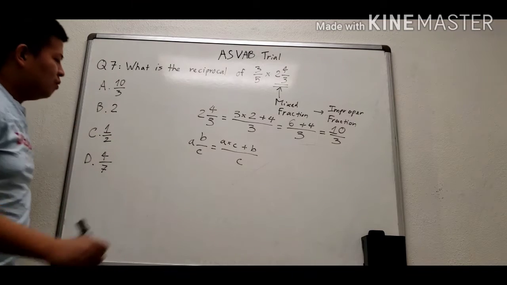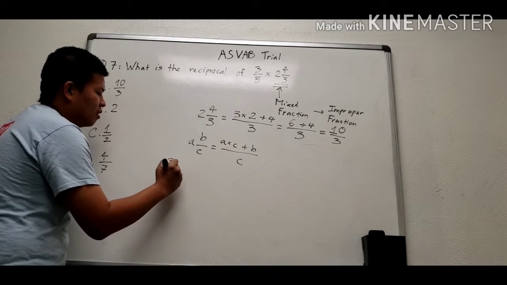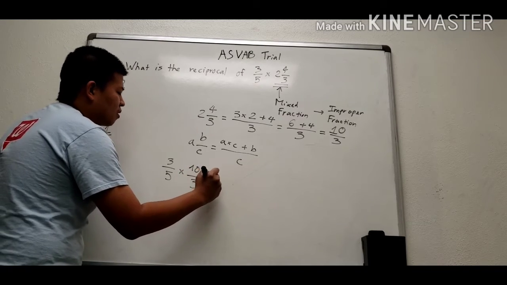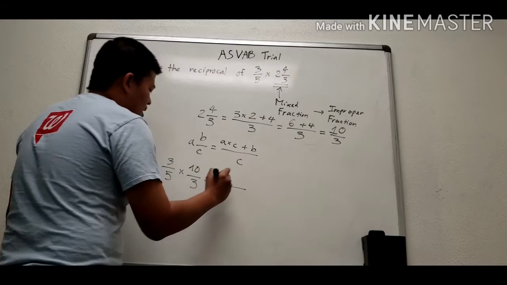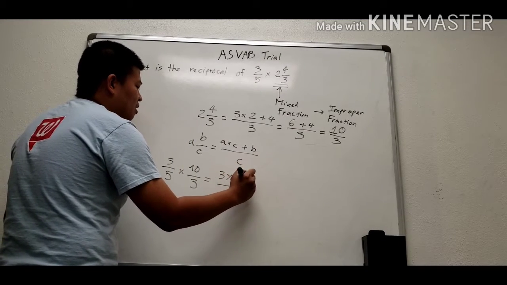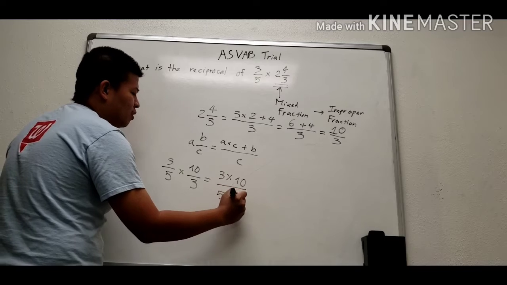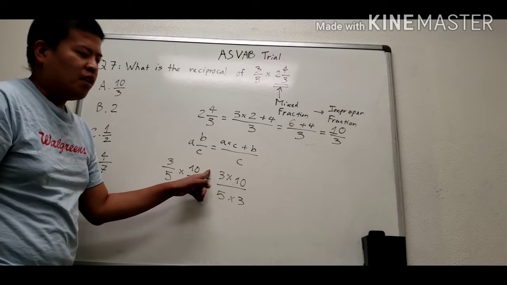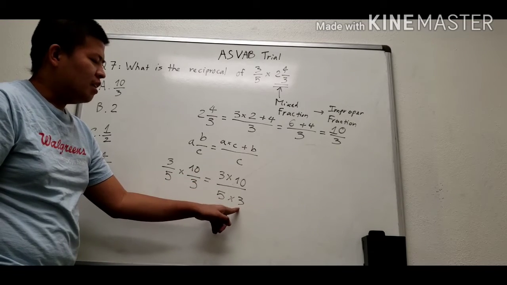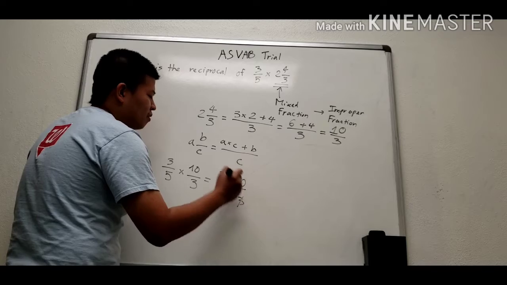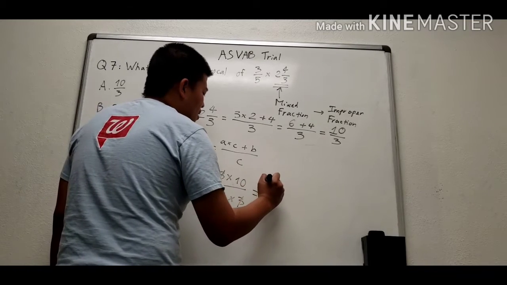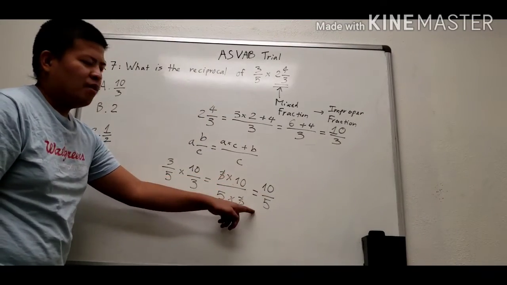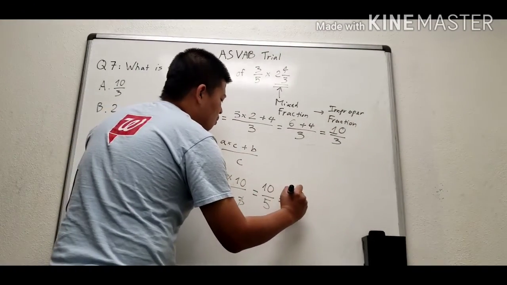Now we have 3 over 5 multiplied by 10 over 3. We can simplify the 3 in the numerator and denominator, so we eliminate it. We get 10 over 5, and 10 divided by 5 is 2.